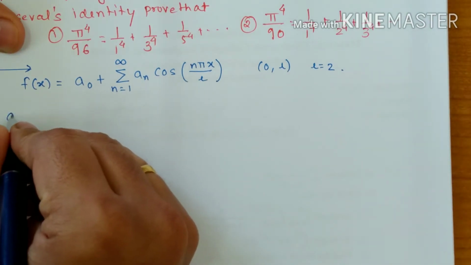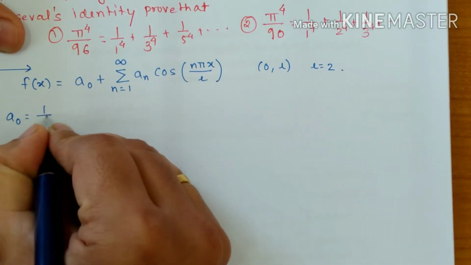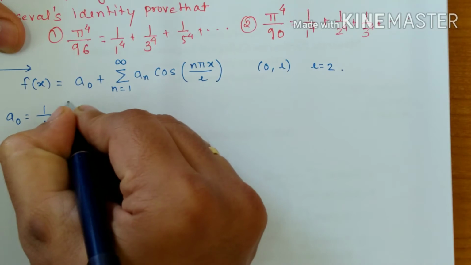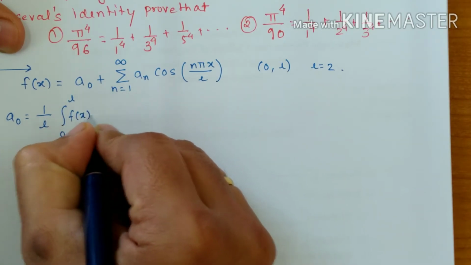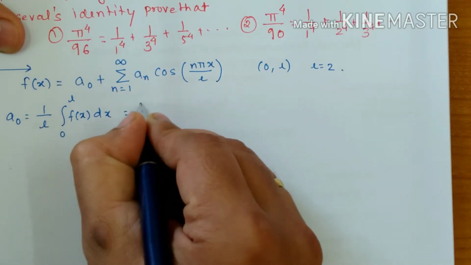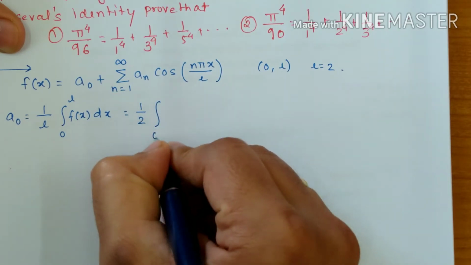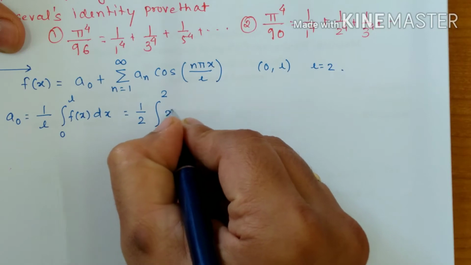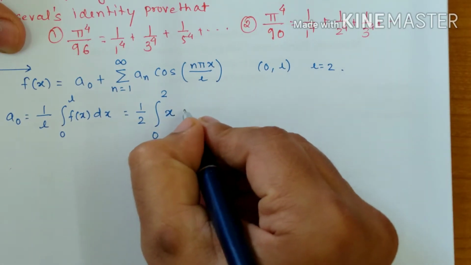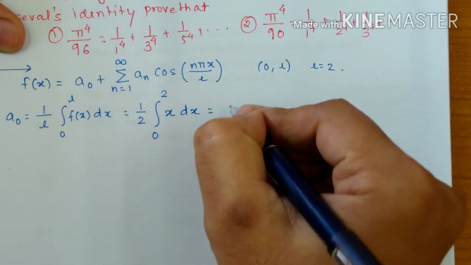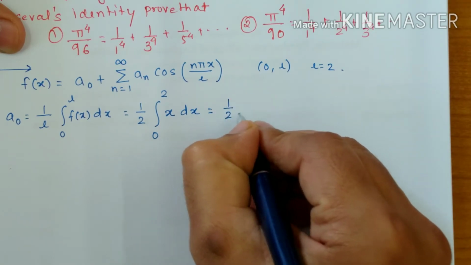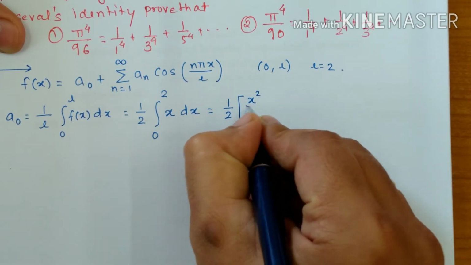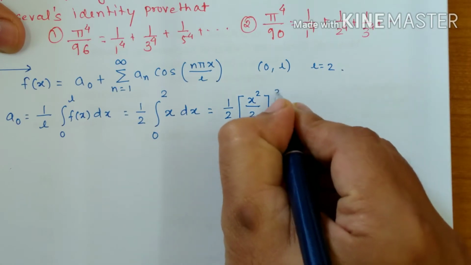Now what is a0? The formula for a0 is 1 upon L integration from 0 to L f of x dx. Substitute the value of L here: 1 by 2 integration from 0 to 2 into f of x. In the interval 0 to 2, the value of f of x is x. Now what is the integration of x? It is x square upon 2, limits from 0 to 2.